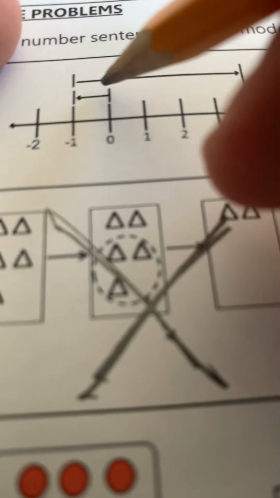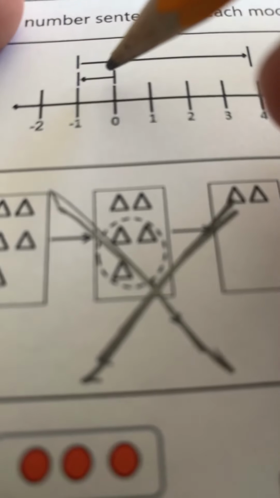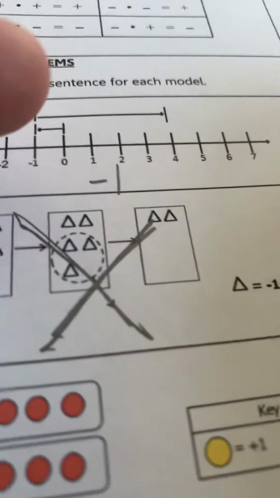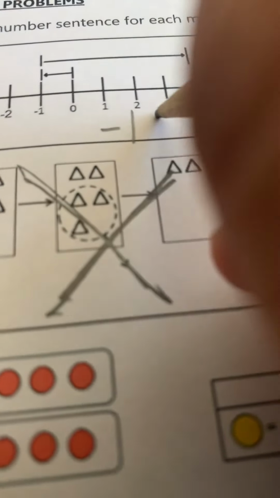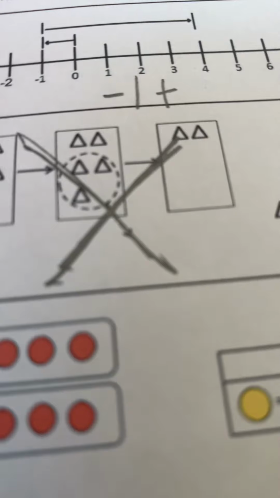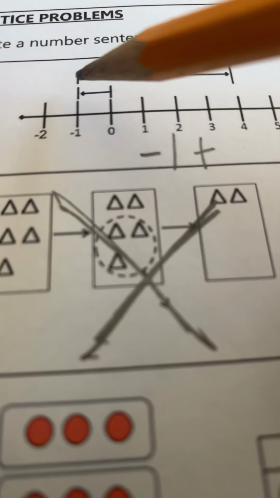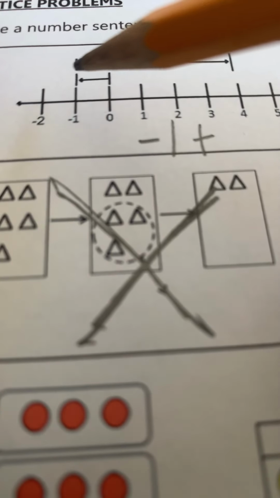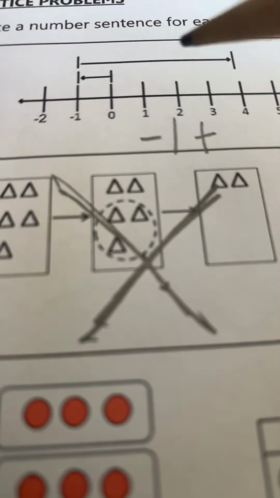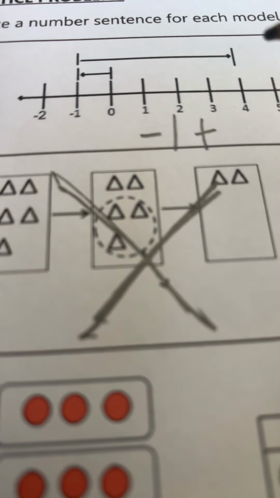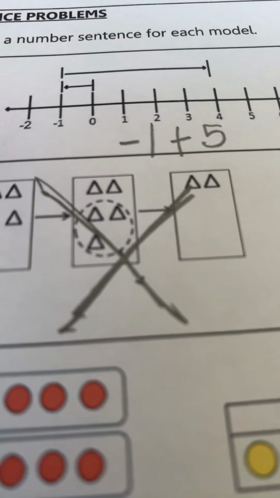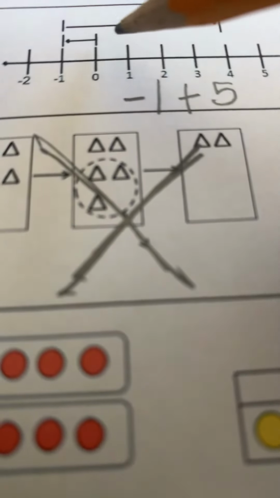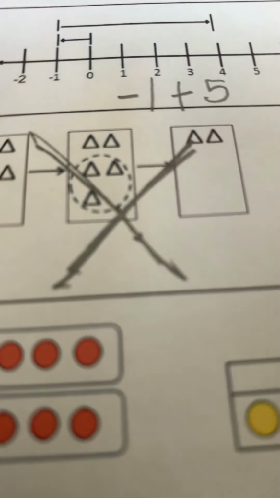Okay? All right, so let's look at this first one. Okay, we always start with the arrow that's connected to 0. So we're going to left 1, so we're going to start negative 1. Okay? We're adding. And then you can see we're going to the right. It's going to be positive because we're going to the right. We're going to the right 1, 2, 3, 4, 5. So I end up with the number sentence negative 1 because we're going to the left 1 plus 5.